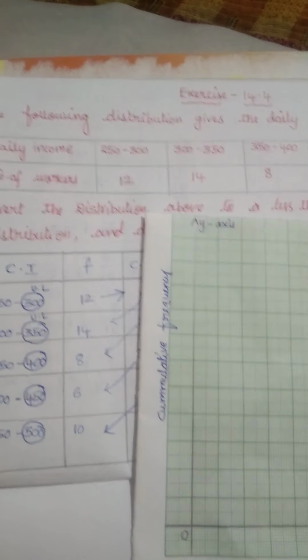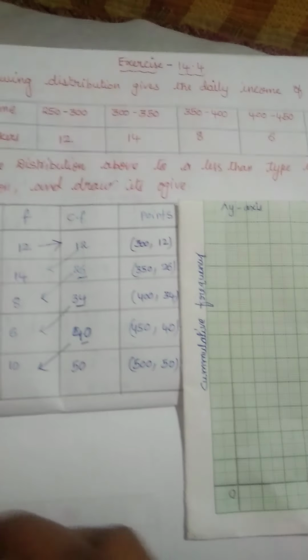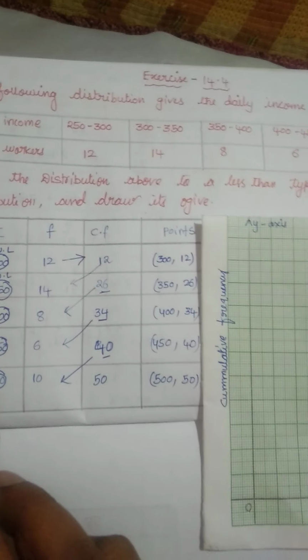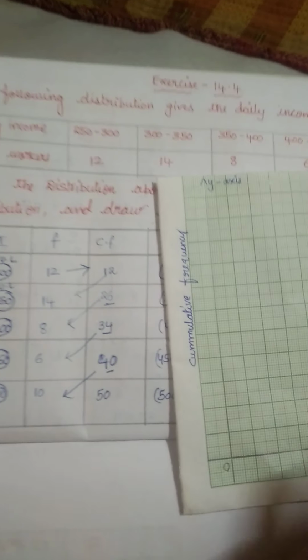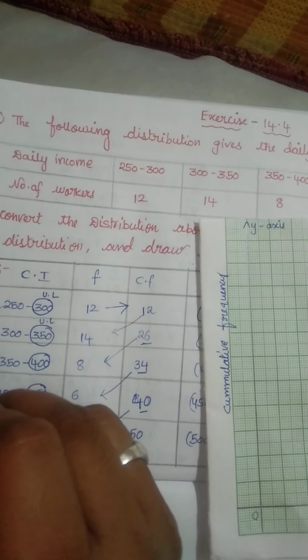Actually if you observe here, limits are from 250 to 500 we have. So the difference between two successive class intervals is 50.